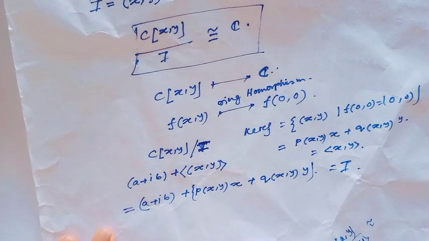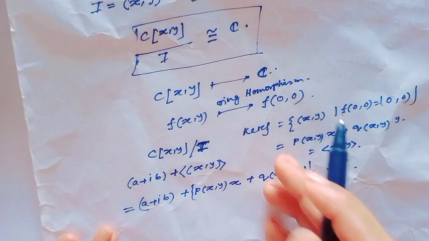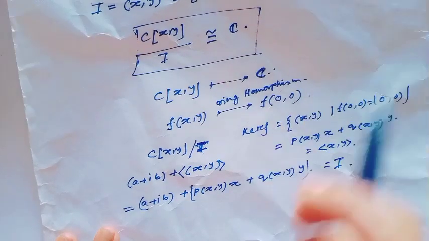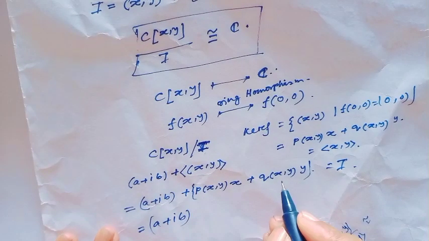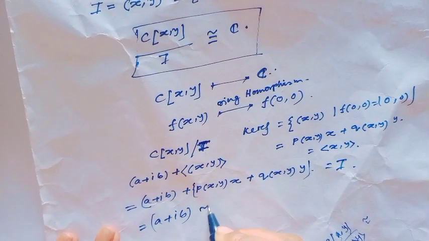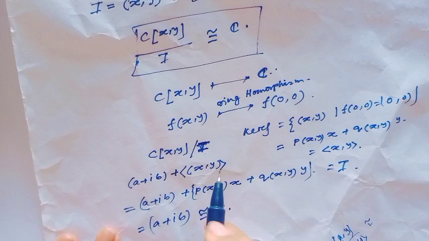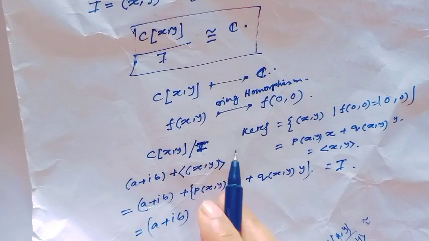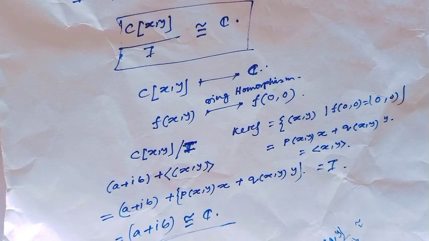Now, since here the mapping f(x,y) goes to f(0,0), after putting the value f(0,0) I will only get A plus iB, because this part would be 0, and obviously this is isomorphic to C. So C[x,y] modulo the ideal generated by x comma y is isomorphic to the complex numbers. I hope all my viewers have understood this type of quotient ring.